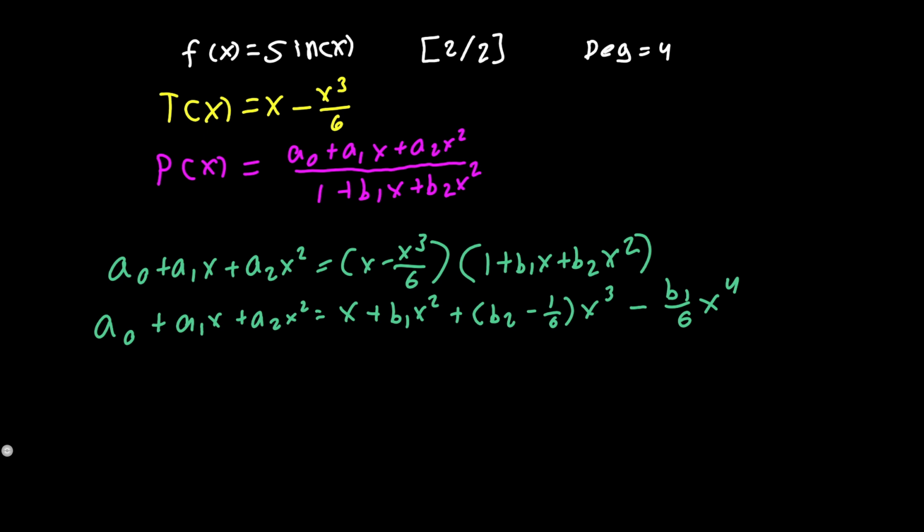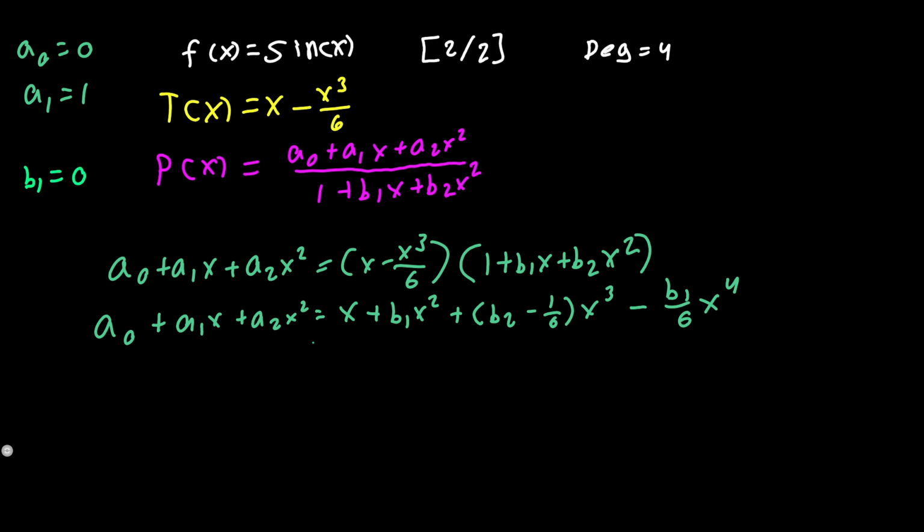The reason I say that is because if we match coefficients, we can immediately see that a0 is equal to 0 because there is no constant term. And a1 is equal to 1 because the coefficient of x is 1. And we see that b1 is equal to 0.